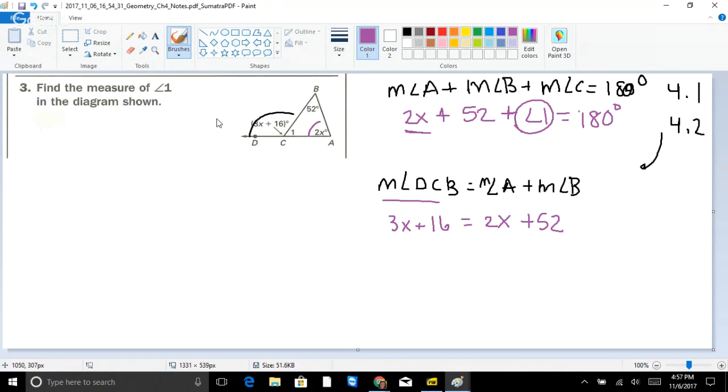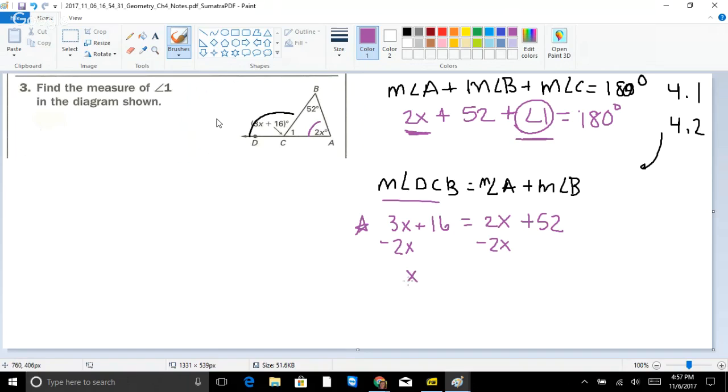What I was saying up here was not cool is the fact that we have an x, which is one unknown, and we have the measure of angle 1. That's two things that we don't know. We always want to have an equation with one thing we don't know so we can solve it. So by using theorem 4.2, we can figure out what x is. We're going to get the x's on one side together.